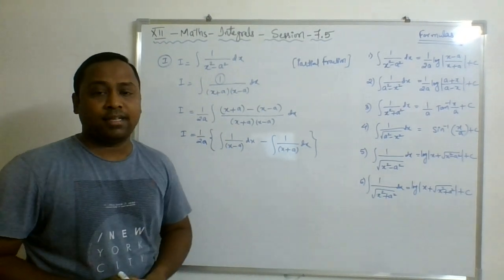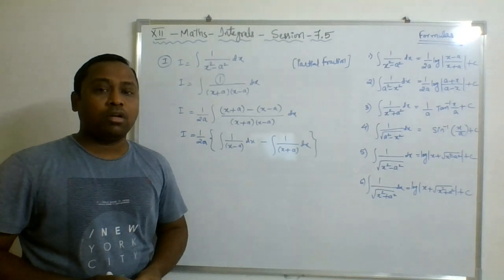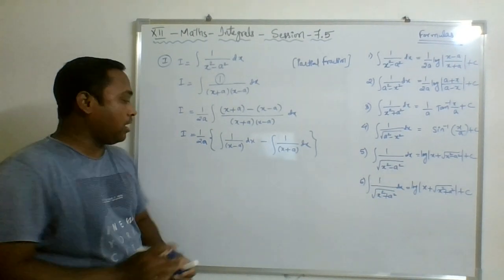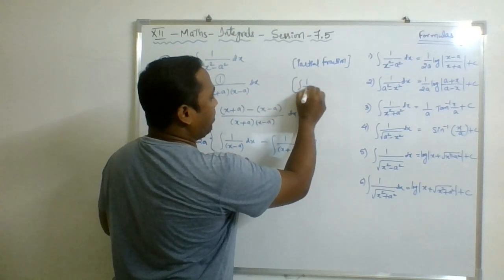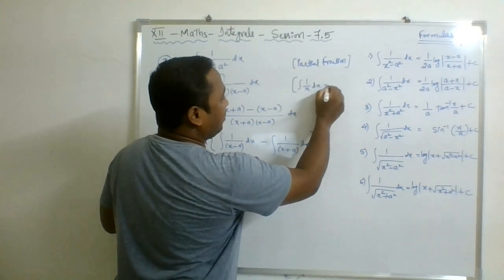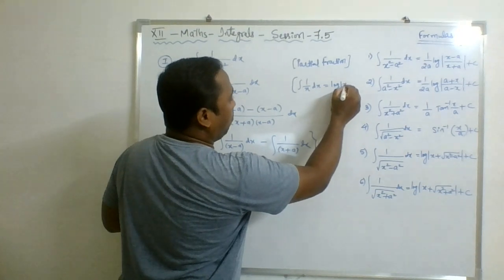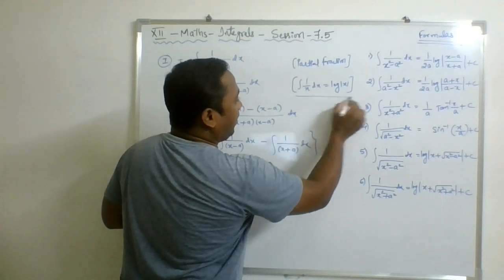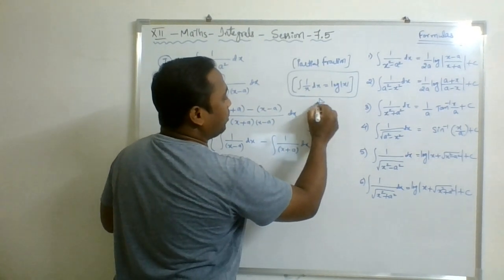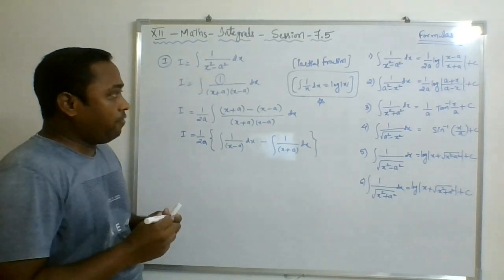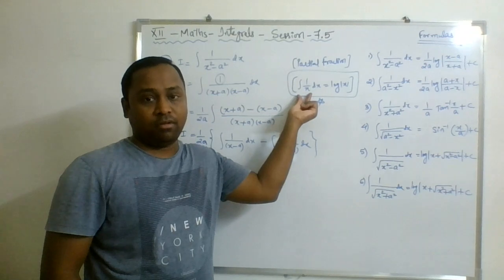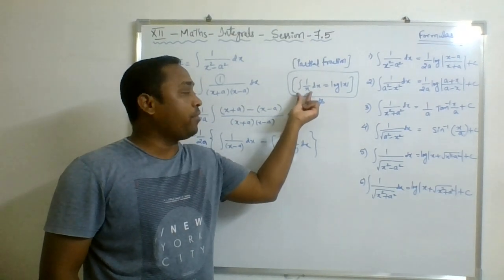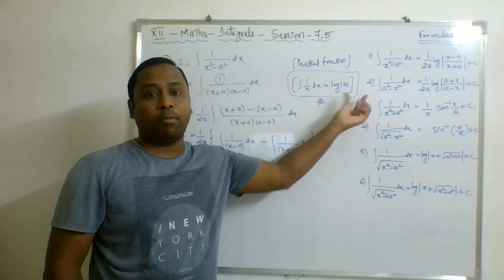Now it is very easy to reduce them to formulas because it is in the form of 1 by x. So the formula reduces to log x format. You know the formula of 1 by x: integral of 1 by x dx will be log mod x. A very important point regarding this formula is that wherever the derivative of the denominator is 1, you can use this formula directly.